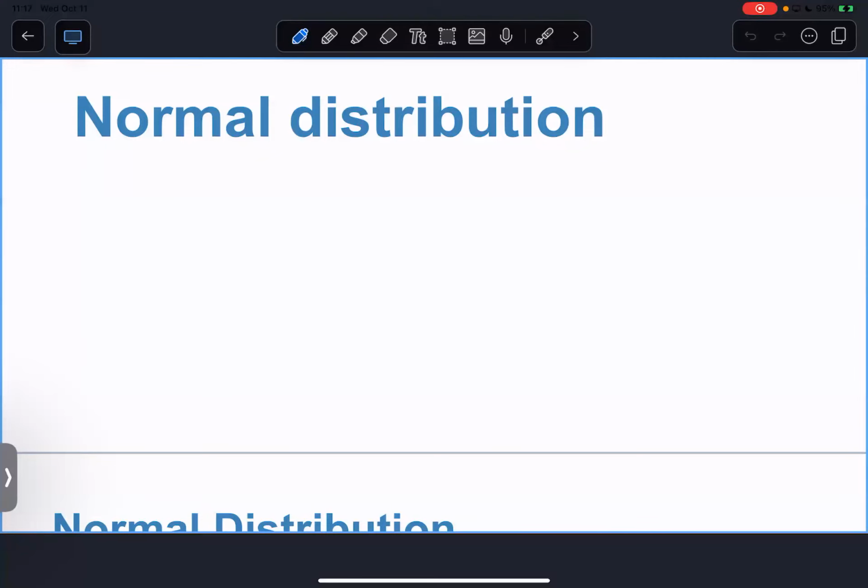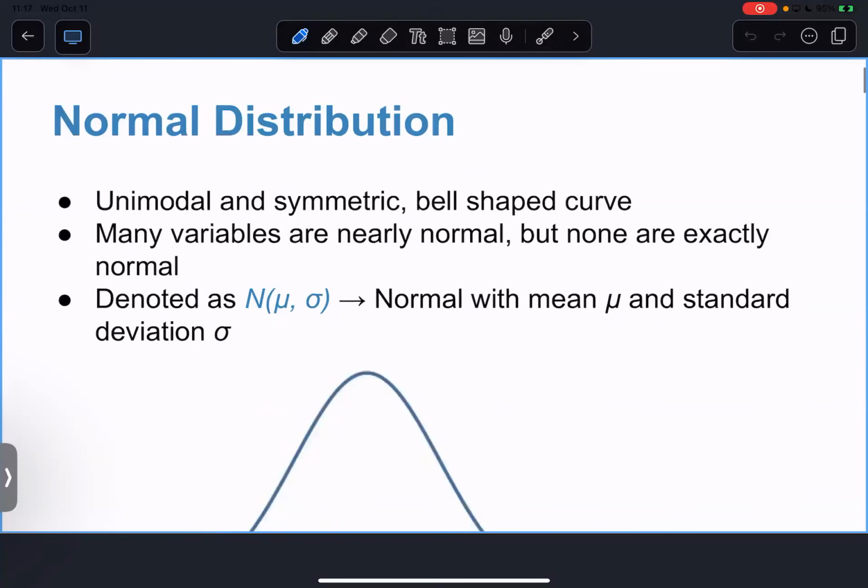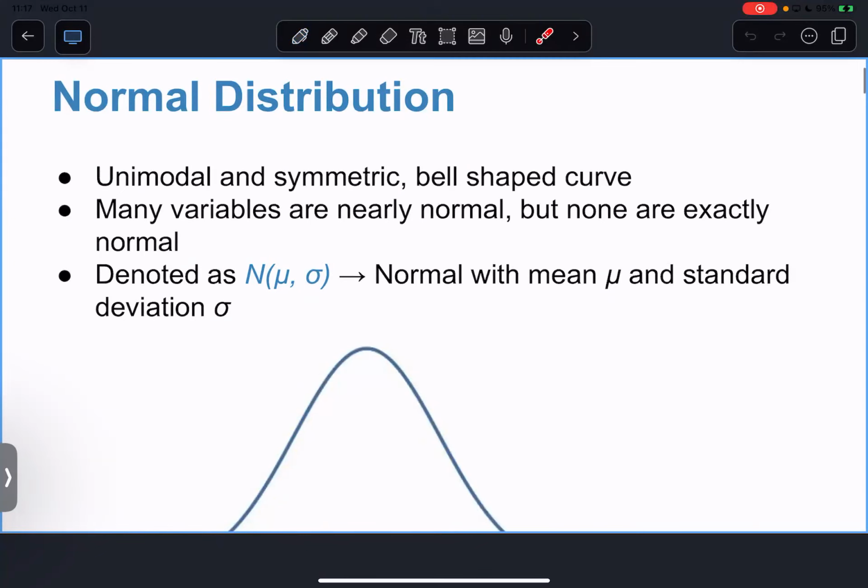All right, the normal distribution. We've seen it already. We know what it looks like. It's unimodal and symmetric. Oh, that's ringing a bell. Haha, bell-shaped curve. That was an unexpected pun, but a pun nonetheless.